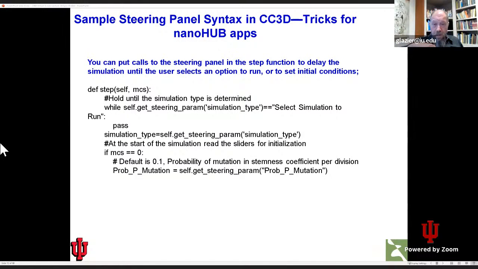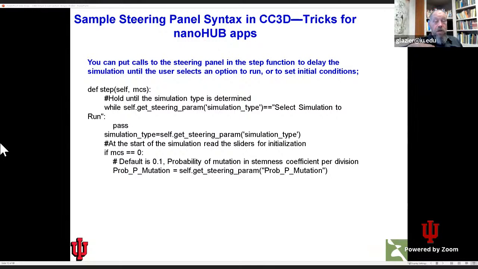One thing that's a little bit of a problem, you can do it in CompuCell, but it's a pain, is that you don't really have a way of having the user select the size of the simulation. Because once you get to the point where the user has an interface, it's already set the X dimension and the Y dimension.